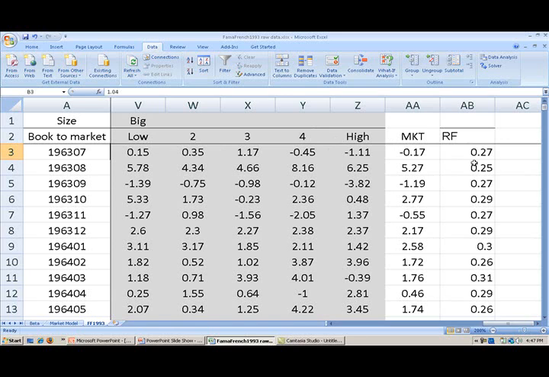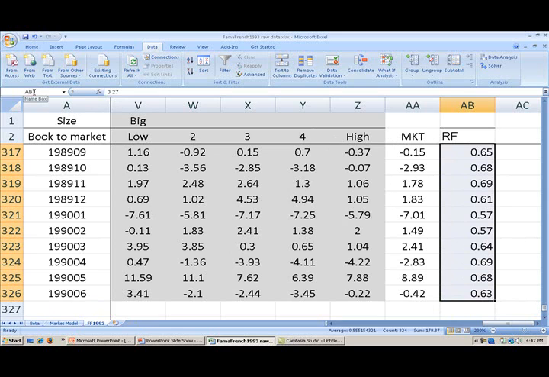To do this quickly, we're going to name a range. Let's select the risk-free rate, and if we go to the name box, let's call that RF. So whenever we want to refer to the risk-free rate, it's going to be RF.